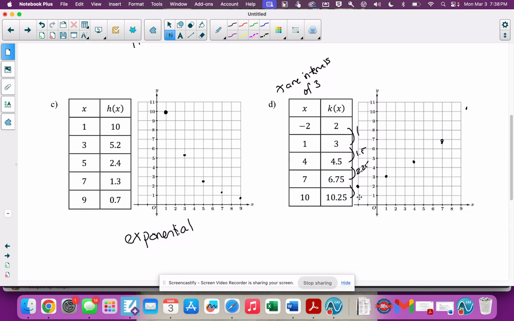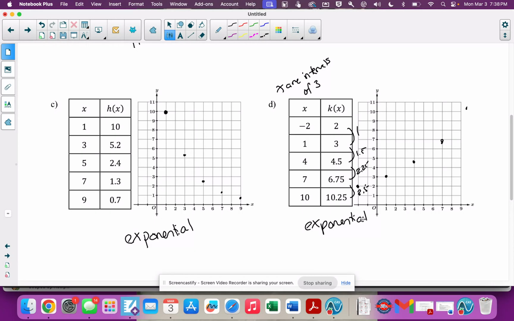And then that would be 3.5. So they're not going up by the same amount every time, right? But they are going up by some kind of proportional pattern, right? Okay, so that is definitely exponential. In this case, it's getting bigger, so it would be an exponential growth.